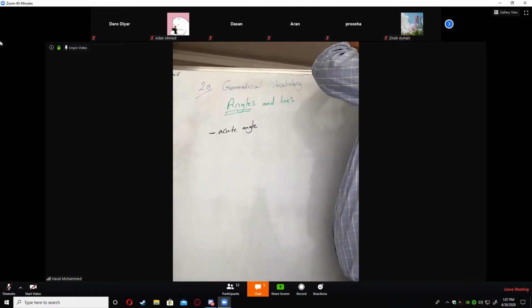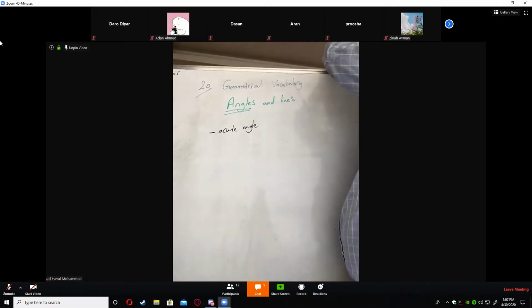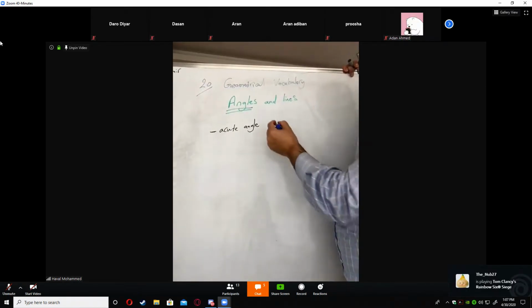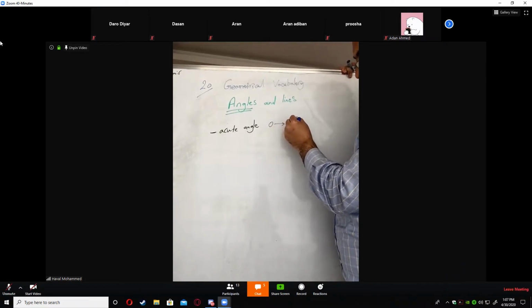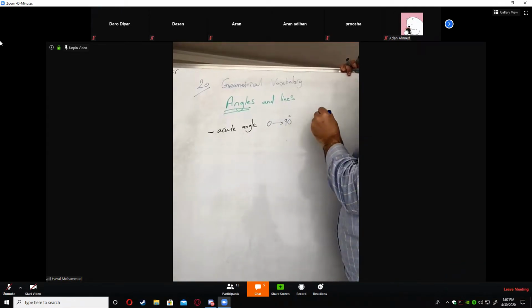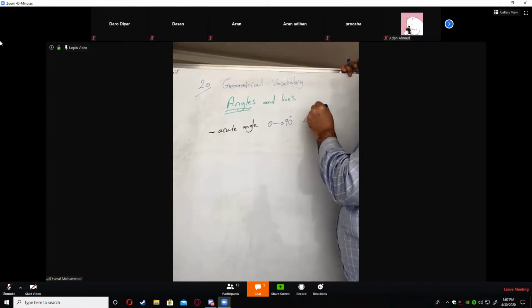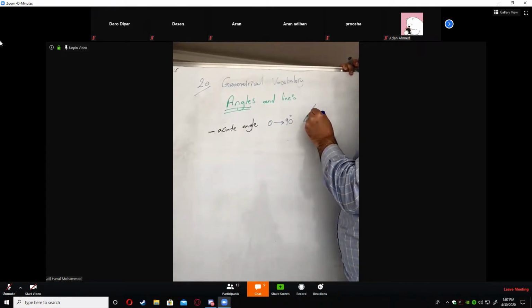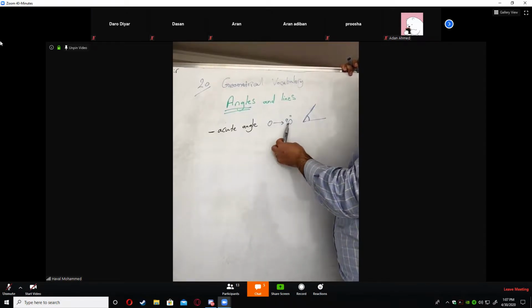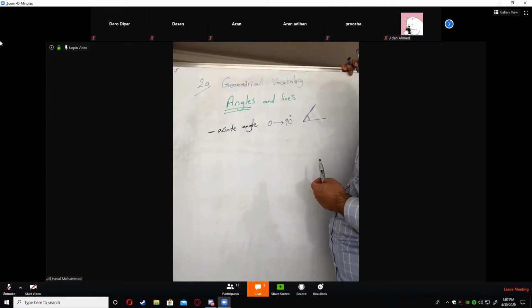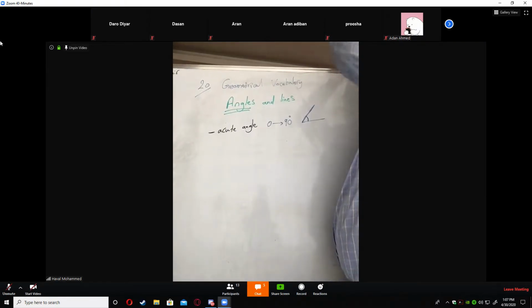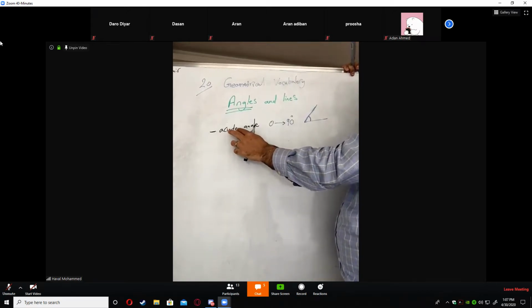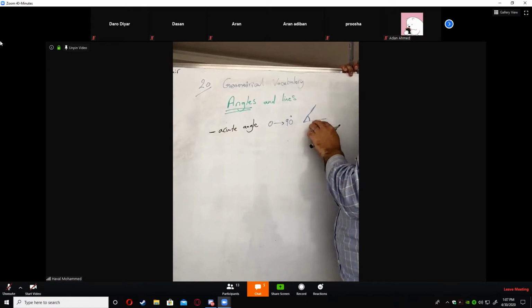An acute angle is between 0 and 90 degrees. It looks like this, if I draw it for you. This type of angle we call acute because it's less than 90 degrees. This is the name, and this is the definition, and this is the diagram.